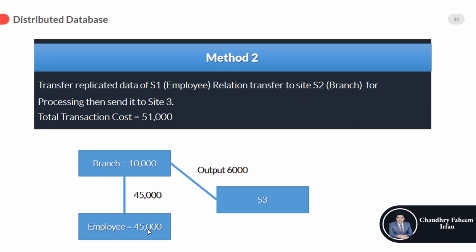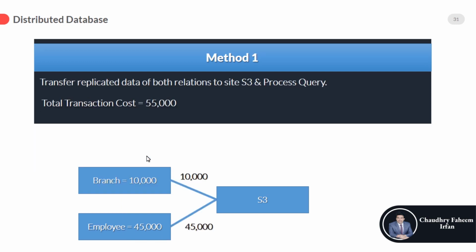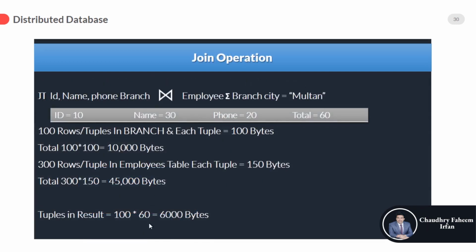So I transfer 45,000 bytes to the branch table, and after processing here, the output contains 100 tuples and each tuple is 60 bytes. So 60 multiplied by 100 is 6,000 bytes.